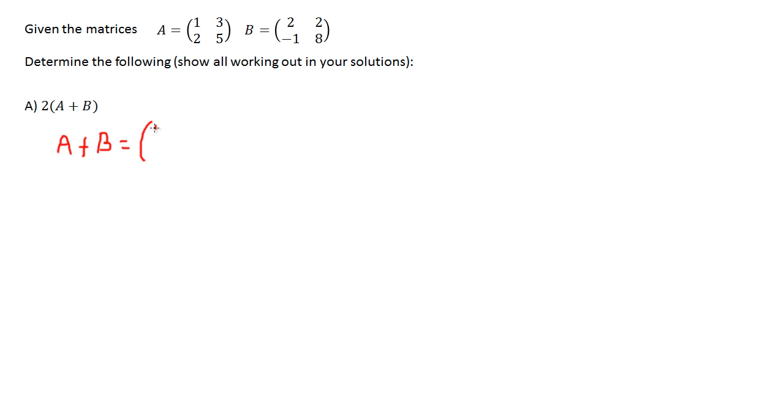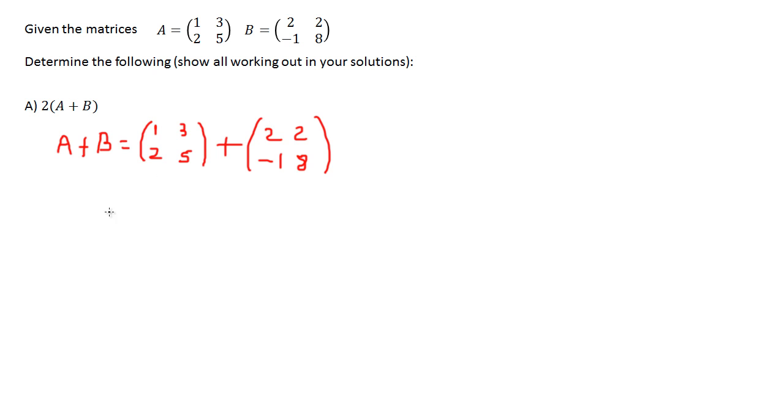So A is 1, 2, 3, and 5 plus B, which is 2, 2, minus 1, 8. Now, in matrices, when we add a matrix and another matrix together, we basically just add each individual thing together.